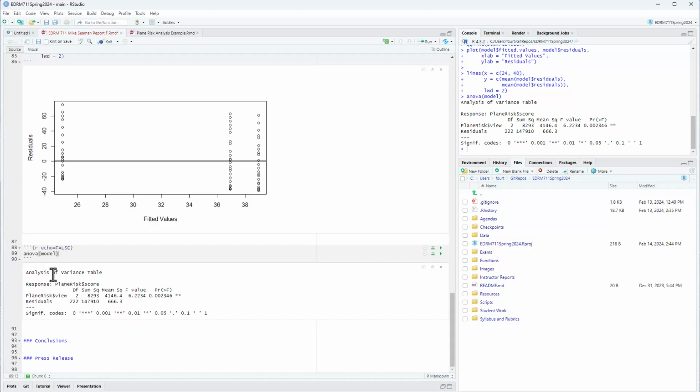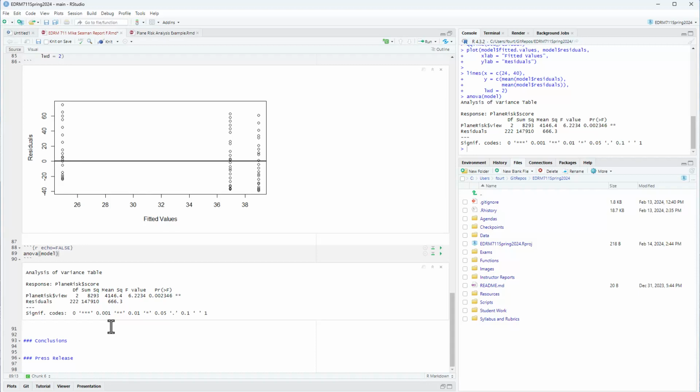Now, if you have watched previous videos, you know that I do not always recommend showing output straight from R, and in fact, I would actually prefer to make this table a little bit nicer, not have this $ sign in here for plane risk score. But given that I don't want to go into using another package for creating tables, we're going to go ahead and live with this. And we are going to go ahead and show this in our report.